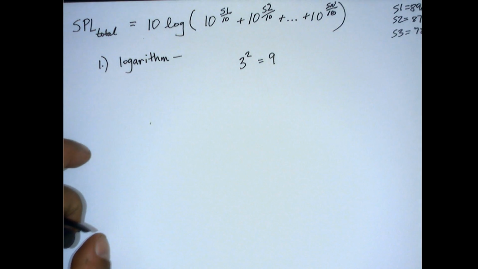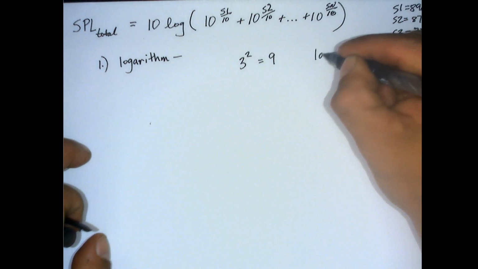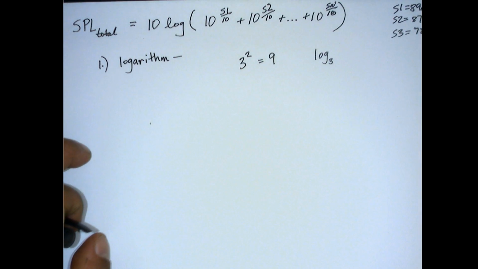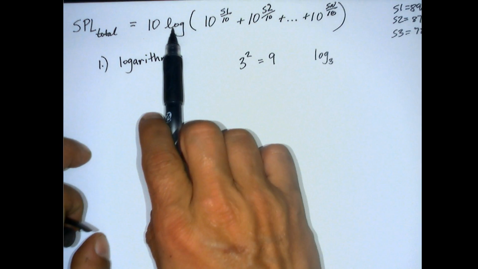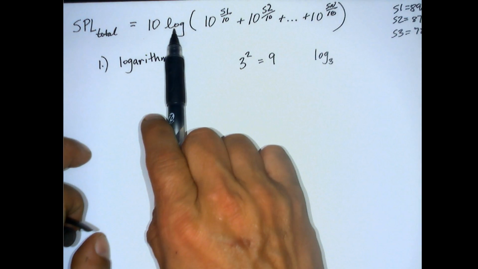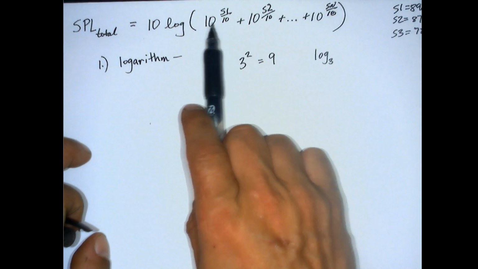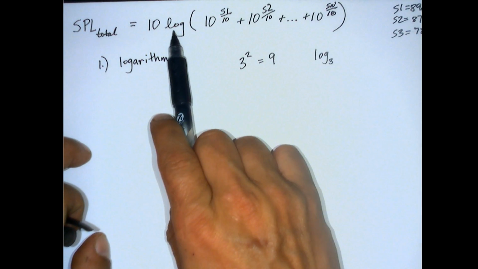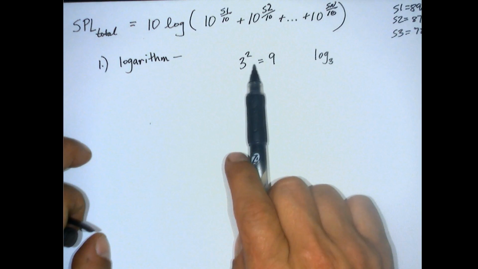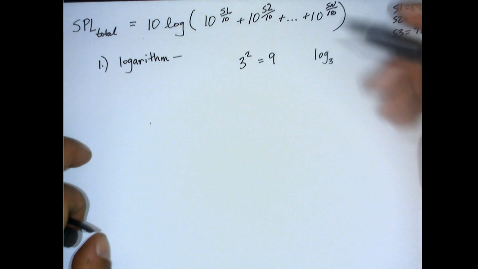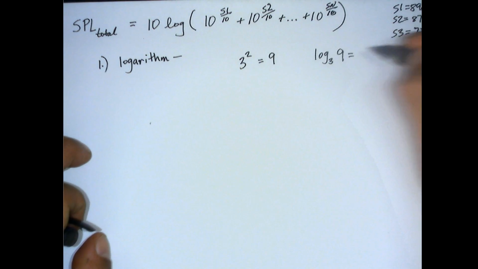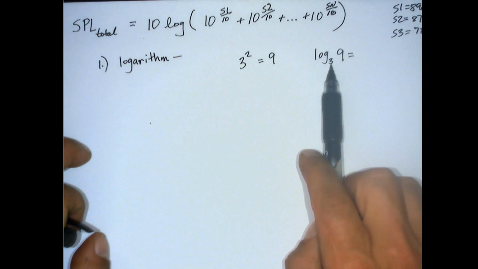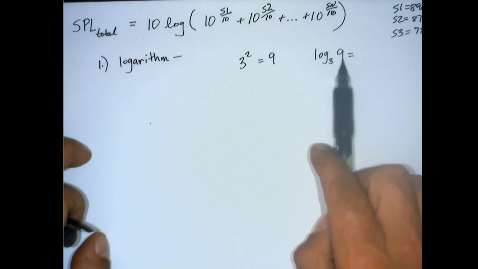Well, log base 3, see, logarithms have different bases. This, without any number down here, is base 10. So in log base 3, what is log base 3 of 9? What this question is asking is, what exponent do you raise 3 to get 9? And that's 2.